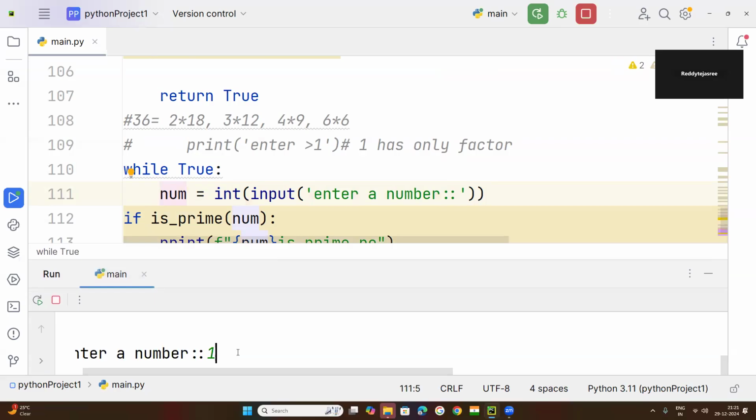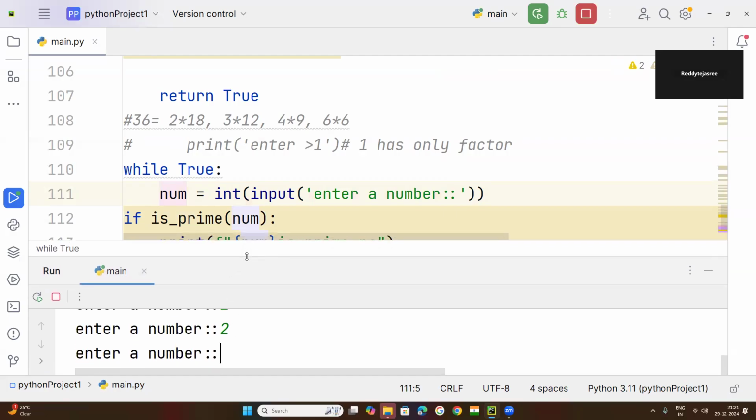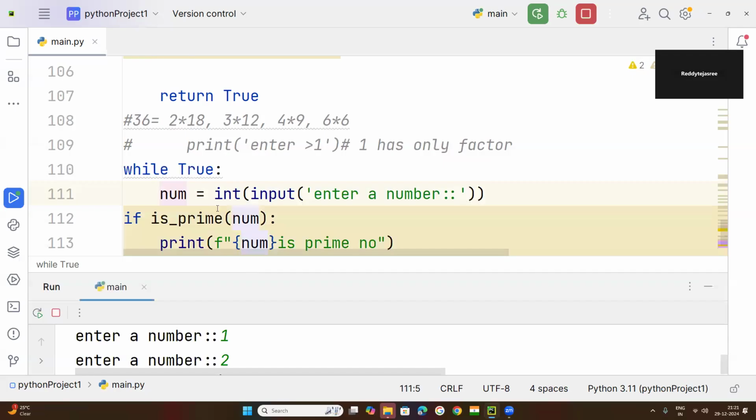Enter a number, 1. This is success. Okay, success. Enter a number, but where is the result? We need the result, and then we need. So let us give this.